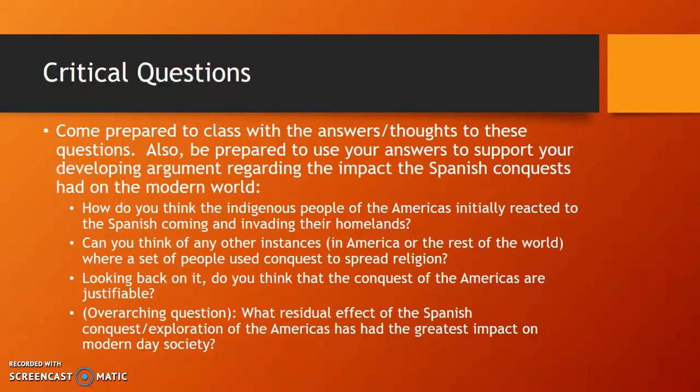And finally, looking back on it, do you think that the conquest of the Americas was justifiable? I think this is a really important question because it has a lot to do with ethics and what that looks like in the modern day world versus what it looks like then. So just be thinking about these questions and answer them on a separate sheet of paper and bring them to our class discussion so that you are able to develop a firm and clear argument.